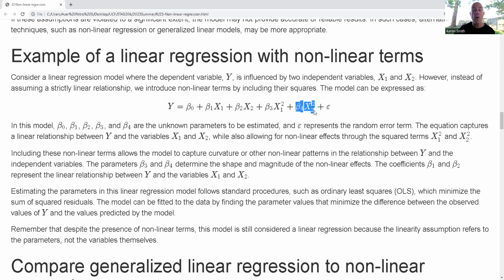I have a quadratic on x sub 2. All right, so this is nonlinear with respect to my two predictor variables, but this is a linear equation for the purpose of linear regression because the parameters have a linear relationship with the predictors. I can put this onto a matrix equation and I can fit it nicely.